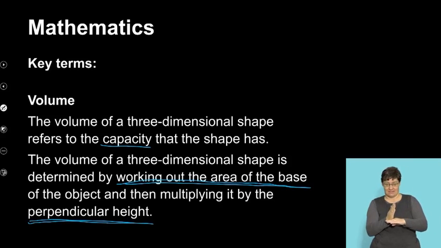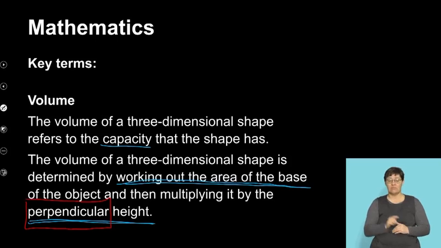So please just make sure that you're comfortable with the idea of me working out the area of the base of the shape, and I multiply it by the perpendicular height. I'm going to put a red box around perpendicular because, just a reminder, with some three-dimensional shapes, I have a slant height. My slant height is not always my perpendicular height.